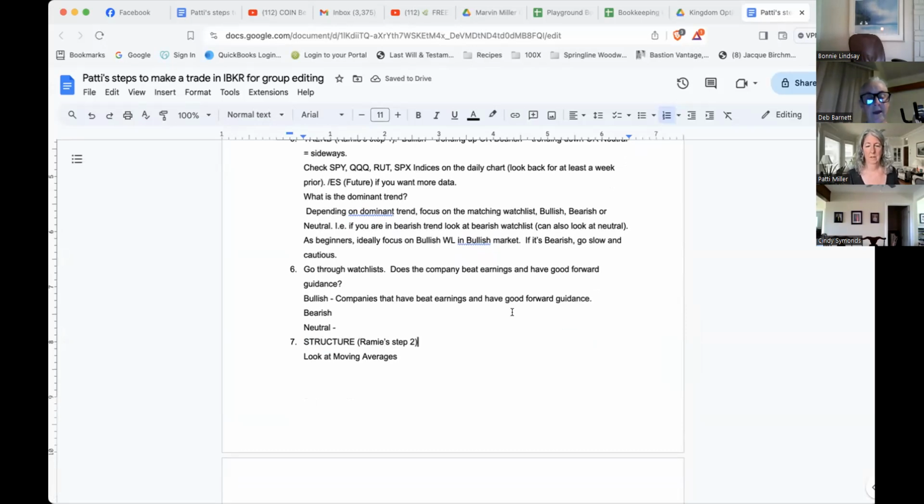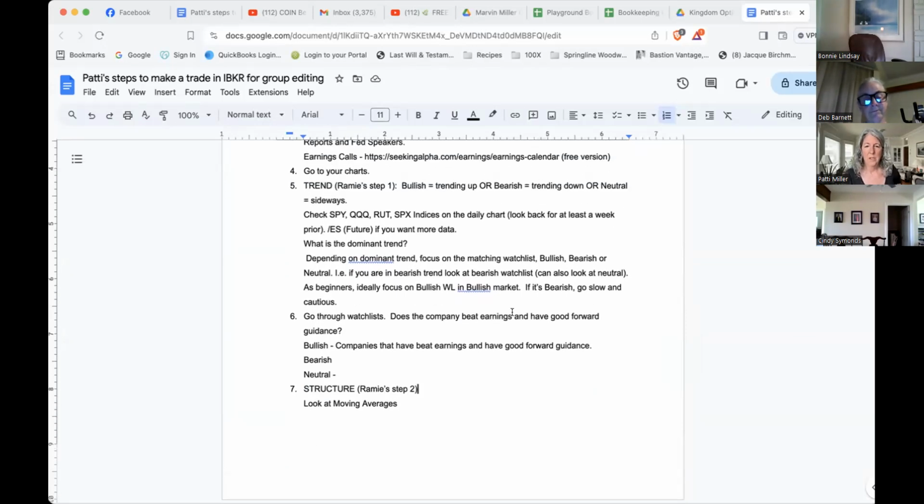Look at moving averages. Yep. Can we just go back here for a second? I want to keep this in. It'll have to get tidied up probably. But how do you define a bearish market? Like it says go through the watch list.